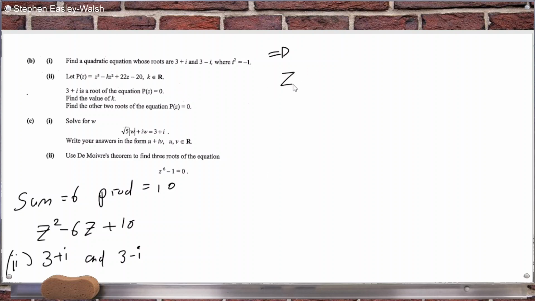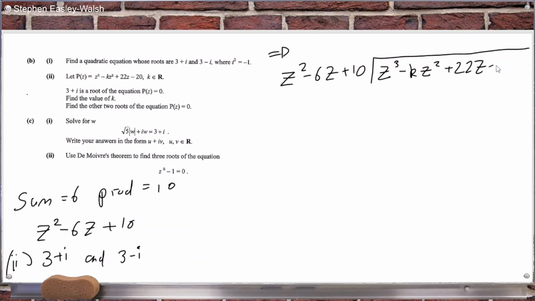So if we divide our quadratic z squared minus 6z plus 10 into our cubic, z cubed minus kz squared plus 22z minus 20. So first we'll have a z, and that would be z cubed minus 6z squared plus 10z, and then we subtract, they cancel.